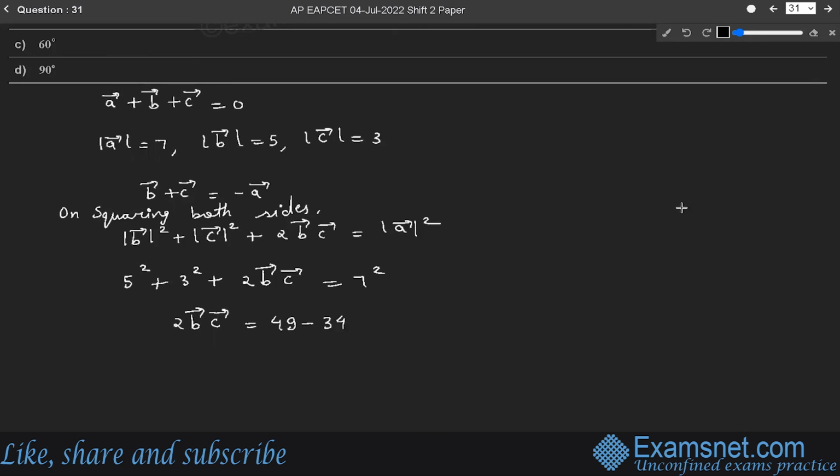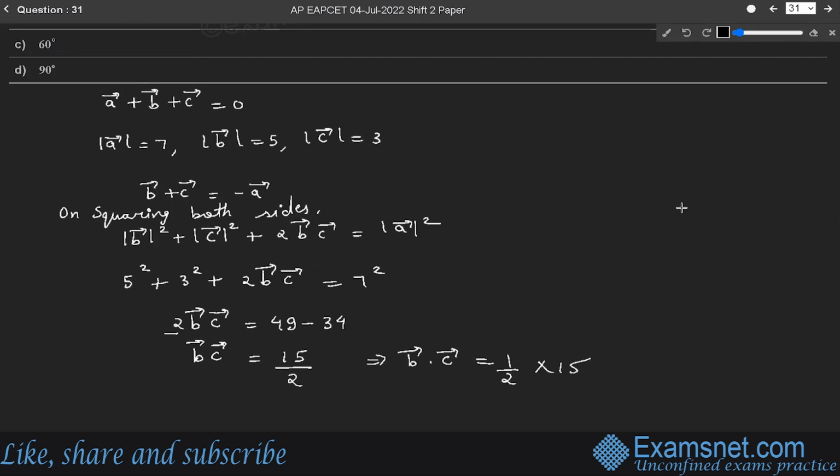You know that 5 square is 25 and 3 square is 9. 25 plus 9 is 34. So from here, we can get the value for B vector into C vector, which will be 49 minus 34 will be 15 by 2. This 2 will come to the right hand side. So we can also say that B vector dot C vector is equal to half into 15.